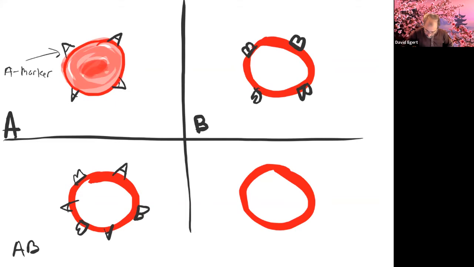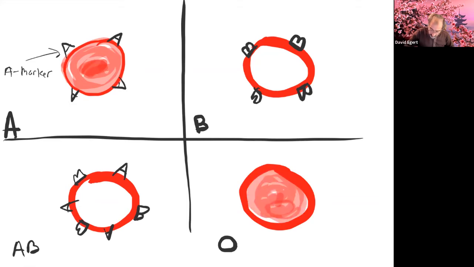And if I'm type O blood, I've got nothing. So type O blood is just no markers at all.